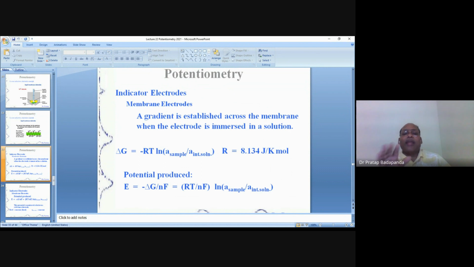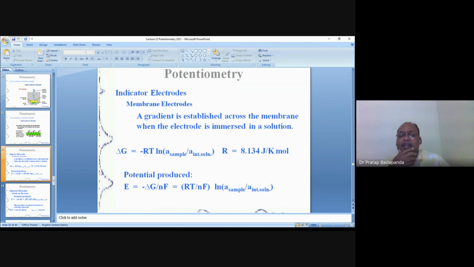Again, the membrane electrode as an indicator electrode. A gradient is established across the membrane when the electrode is immersed in a solution. So ΔG = -RT ln(A sample / A aqueous solution).